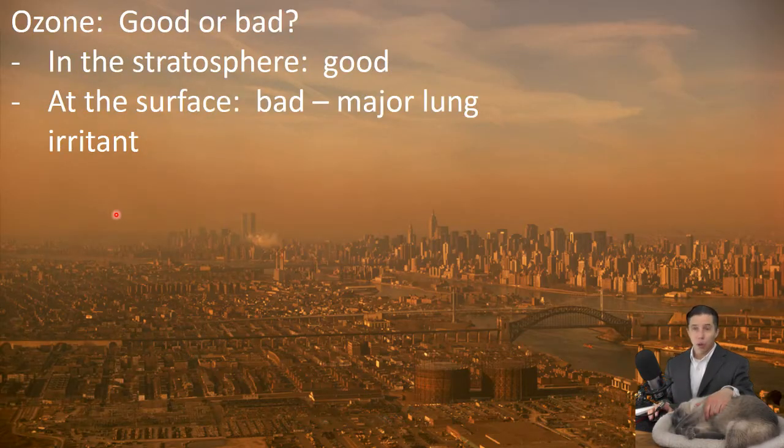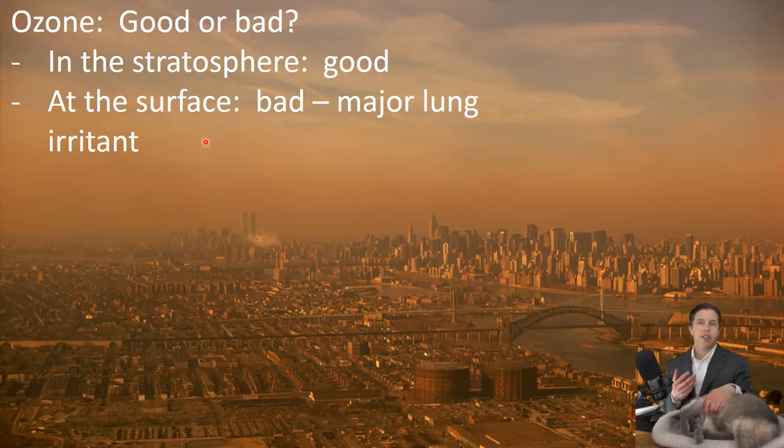Ozone. So, we've talked about ozone in the stratosphere, and we say this is a wonderful, marvelous thing that protects us down here from UV. Gotta have it. However, there's a second source of ozone that's not natural. It's down here at the surface. And it's really, really bad for you. Pure oxygen, O2, is an oxidizing compound.